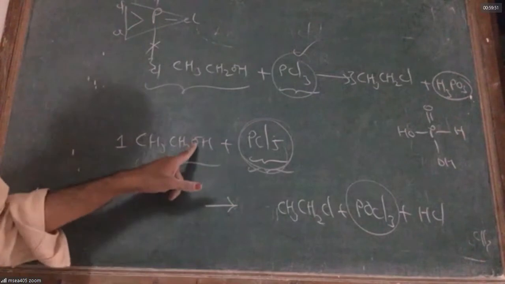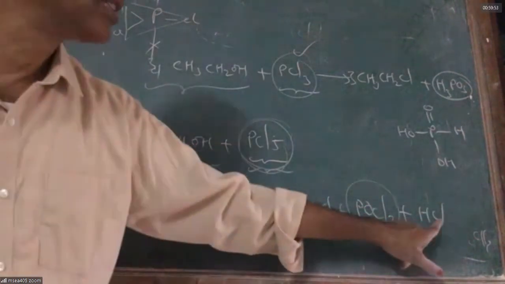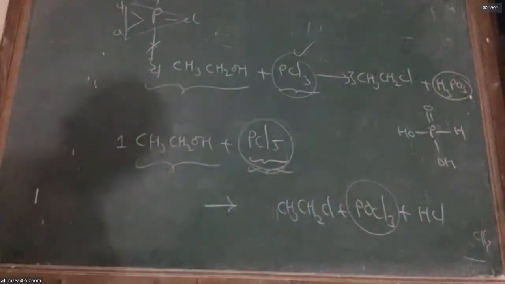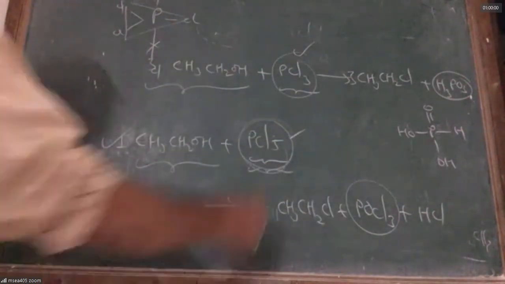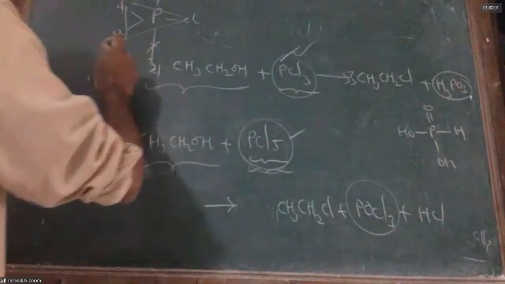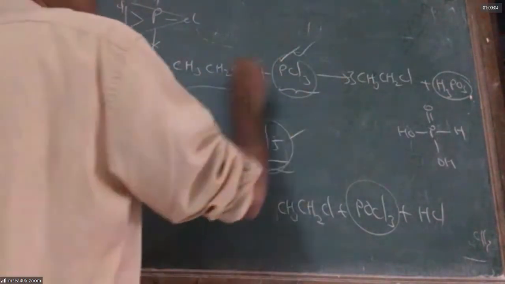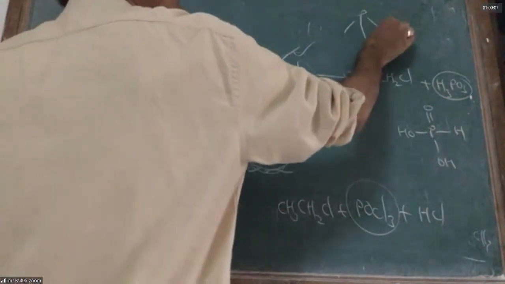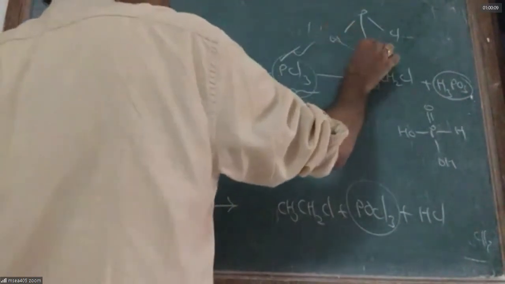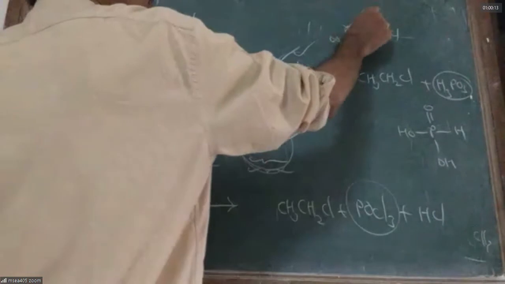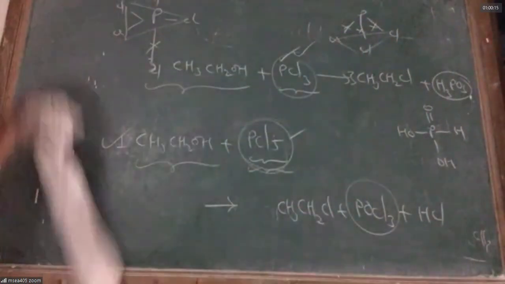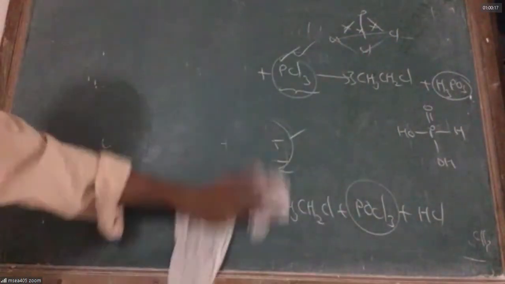Out of 2, 1 is replacing OH, 1 is combining with H. So 1 mole of PCl5 reacts with only 1 mole of ethanol. 1 mole of PCl3 reacts with 3 moles of ethanol, because PCl3 is pyramidal in shape. All Cls are equidistant. If you are breaking one, all the 3 will be. There's a point of difference. Are we clear, sir?